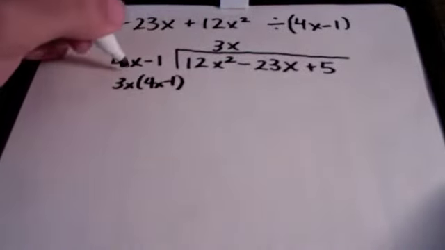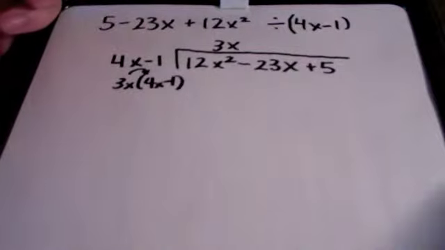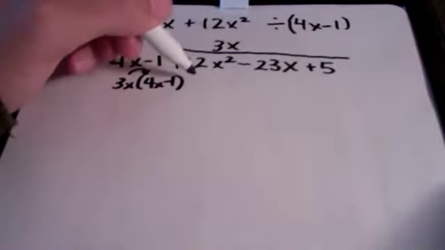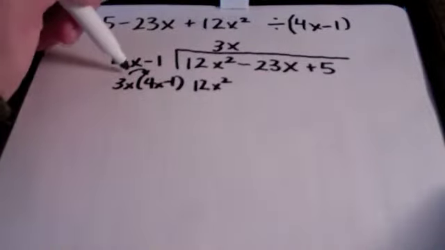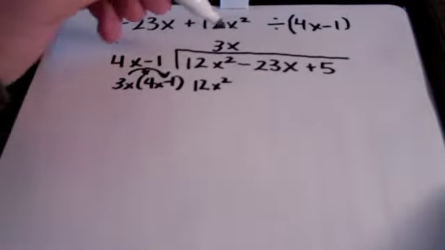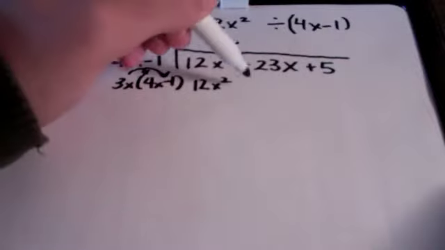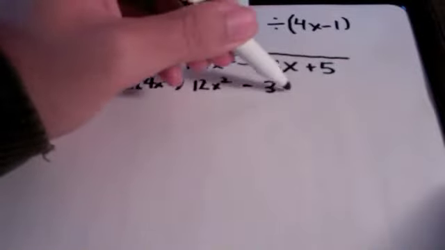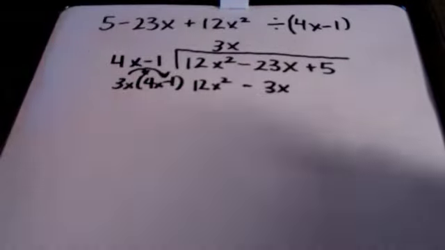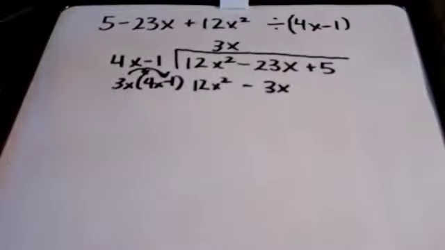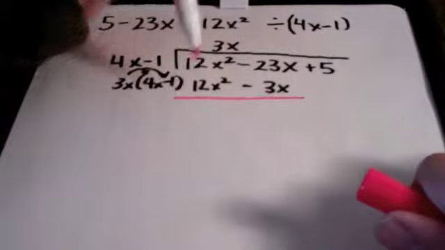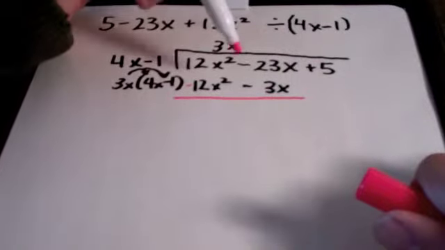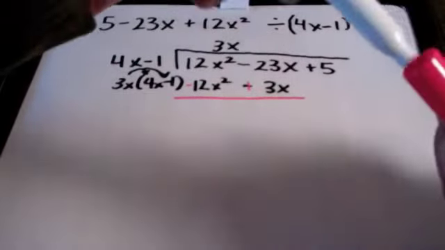We use the distributive property. 3x times 4x is 12x squared, and 3x times negative 1 is going to be minus 3x. Once we get that far, we have our two terms, so we can draw the line and change the signs. This will become minus 12x squared, this will become positive 3x.